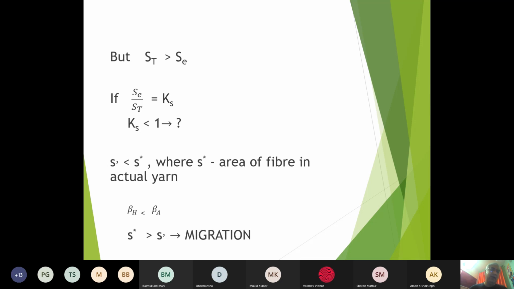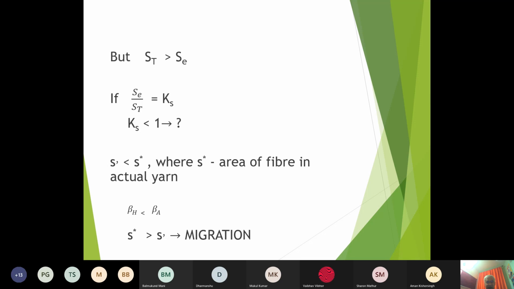Consider that I'm making a yarn, drafting the fibers, twisting the yarn. During drafting and twisting, the fibers will be under tension. But once the yarn is formed, these fibers will try to come to a minimum energy state, so they will relax. The moment relaxation of fibers takes place after yarn production, they change their path. They will not follow the exact path they occupied during yarn preparation.